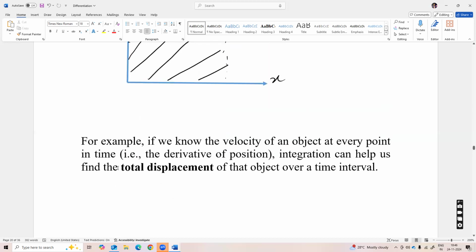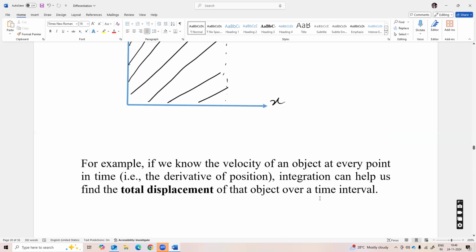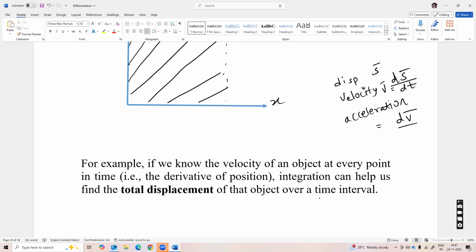In future, when you study rectilinear motion, you will know the concepts of displacement, velocity or acceleration. Velocity is basically differentiation. If s is the displacement, then the velocity is the derivative of s with respect to time. And if v is the velocity, then acceleration is the differentiation of velocity with respect to time.